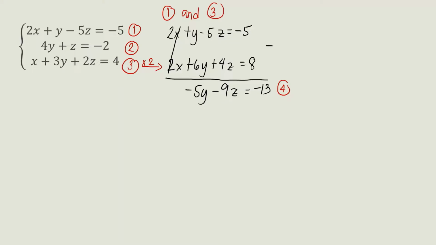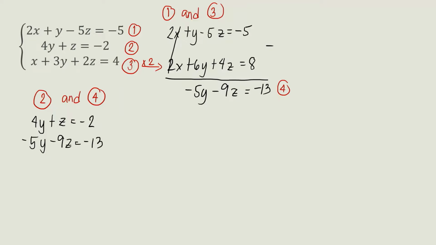So we can pair up equation 2 and equation 4. Let's copy the given. Equation 2 is 4y plus z is equal to negative 2. And then equation 4 is negative 5y minus 9z is equal to negative 13. As you can see, it's easier to eliminate the z.